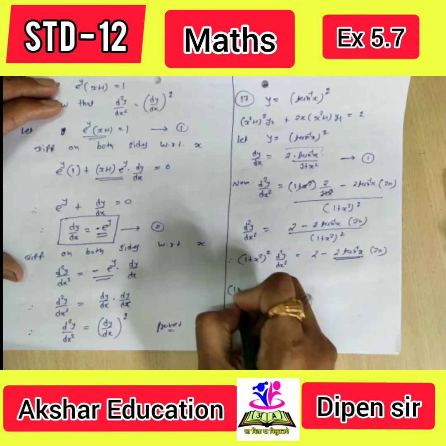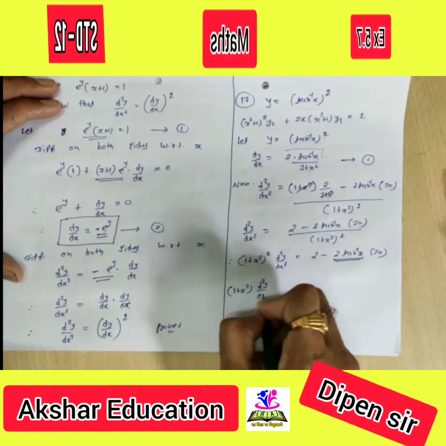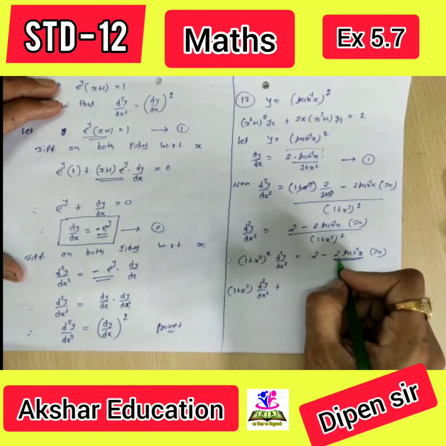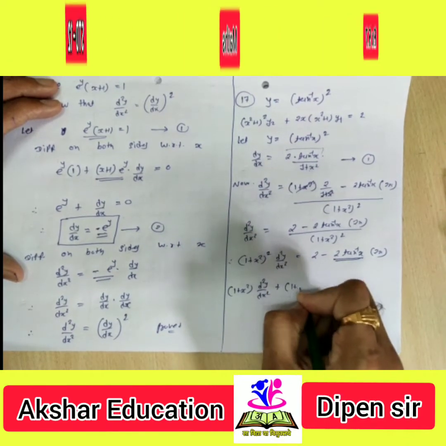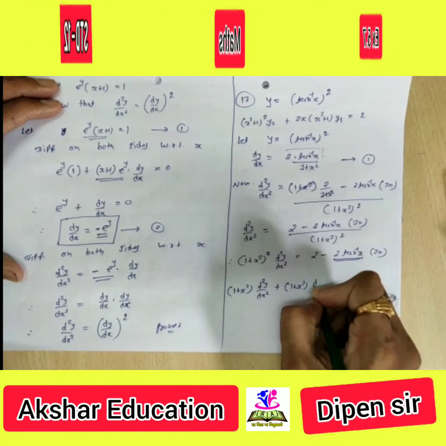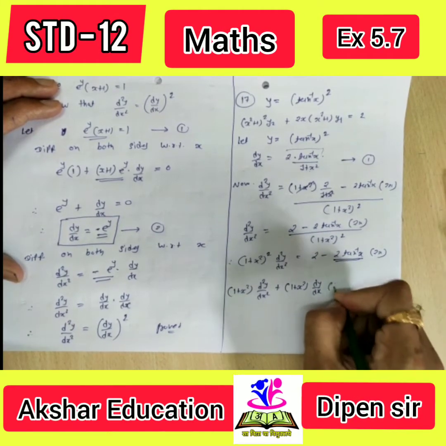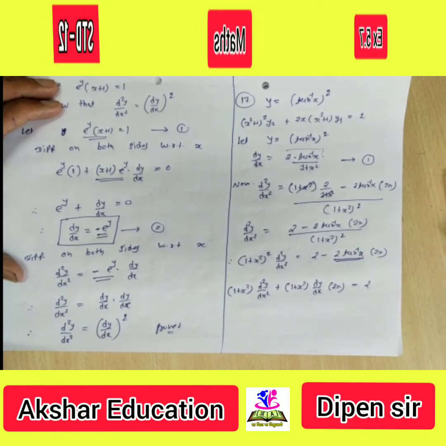So our answer is (1 plus x square) into d square y by dx square, taking this term to the right hand side, so it's a plus, and replacing 2 tan inverse x with (1 plus x square) into dy by dx into 2x, equals 2. Done?